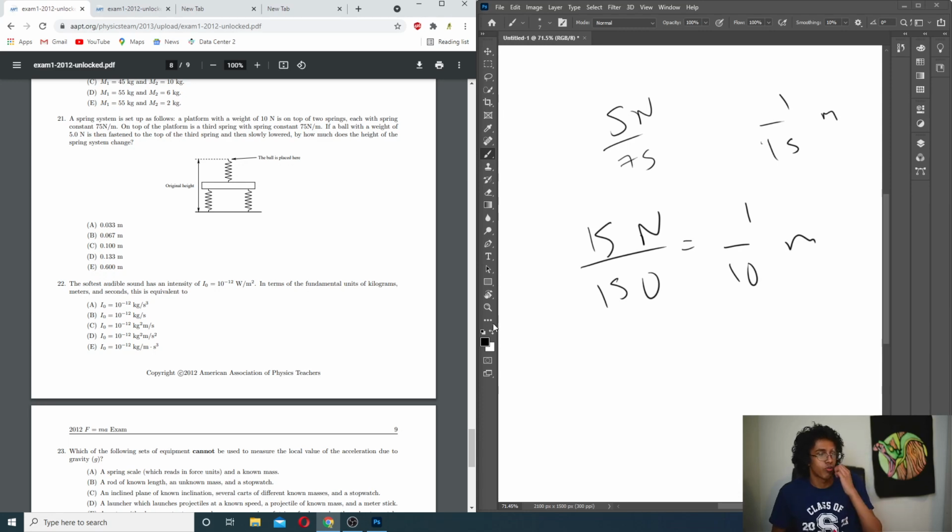So if each of them are compressed by 1/10, then shouldn't that make it a total of 15 newtons upward? Yeah, so each of these change by what? Height of the spring system. Okay, yeah, so it's the whole thing, right? So that means 1/15 from this one and 1/10 from these, right? Am I not? What?